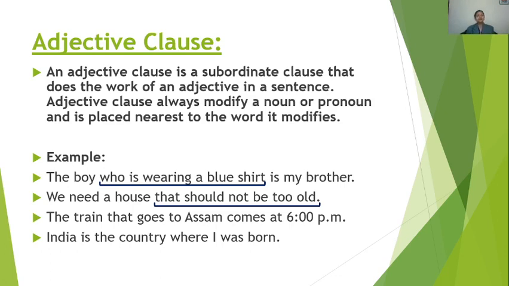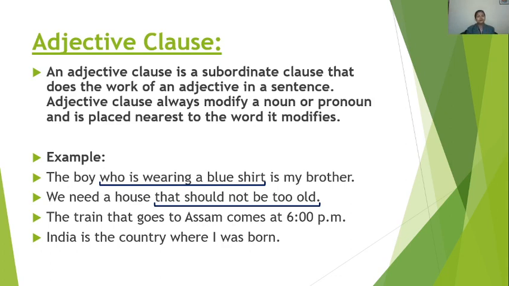Okay, as we say now, an old house. So what is an old house? Here old is adjective. So in clause it will be a house that is old or too old. The same thing we have done. We have converted that single adjective in a group of words that has a subject and a verb.